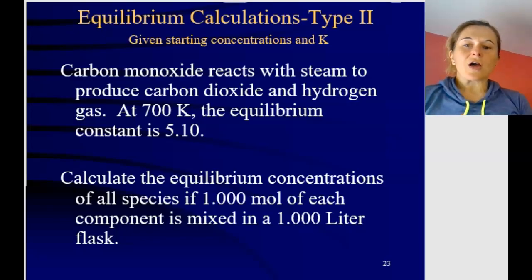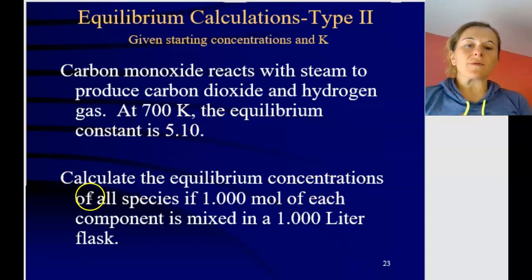Okay, this is a type 2 problem, which means we're given starting concentrations and K. So carbon monoxide reacts with water to produce carbon dioxide and hydrogen gas. At 700 Kelvin, the equilibrium constant is 5.10.